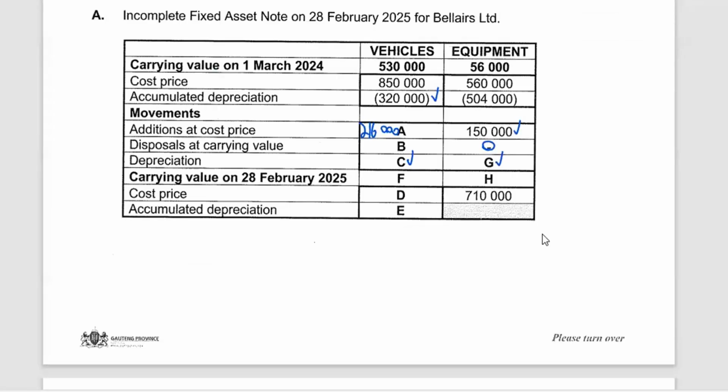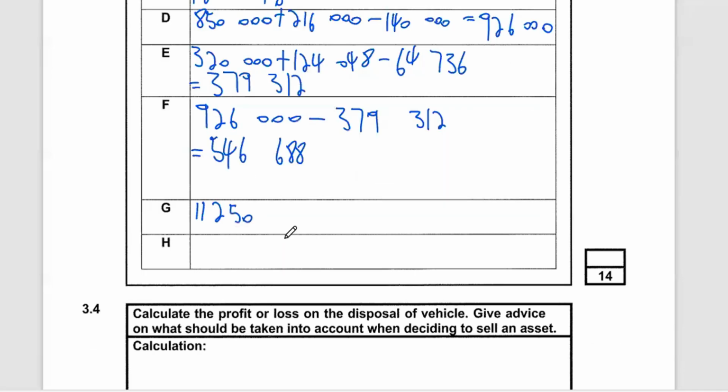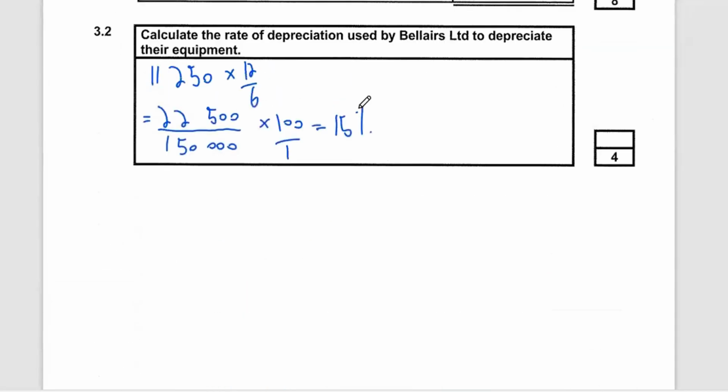So what is the formula of calculating depreciation using the cost price method? It's our cost price. We have our cost price of 560,000 multiplied by our rate of depreciation. We have already calculated the rate of depreciation, which is 15%.